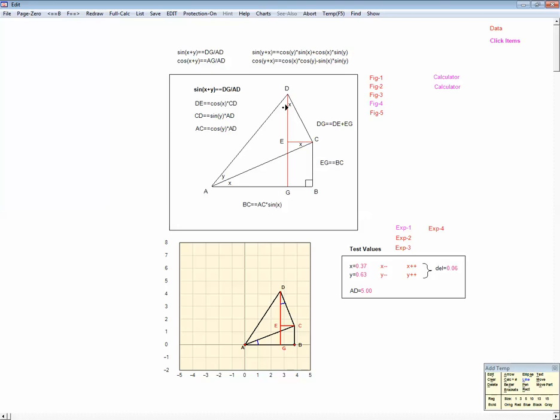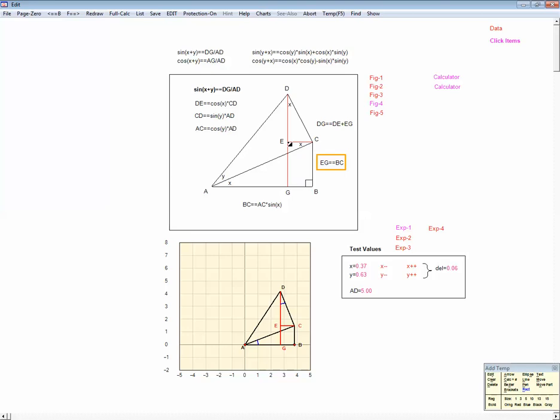It's not really a proof. I mean, we've drawn our picture so that they're true. And you can check the picture against the formulas and see that they are true. Now, what about this one here? Well, that one we've already discussed. We break up the line DG into its two parts. And there's one other formula that we have to look at, and that's this one, EG equals BC.